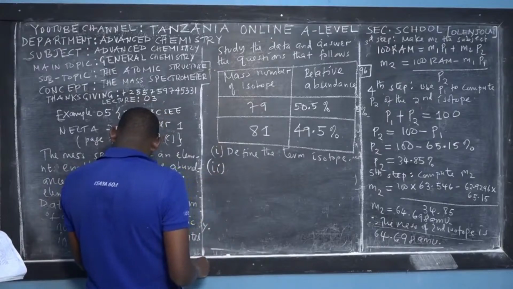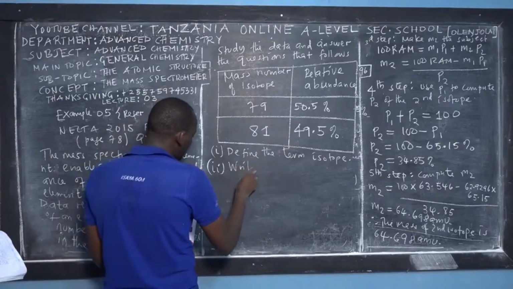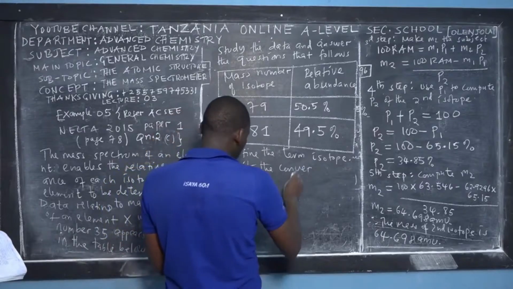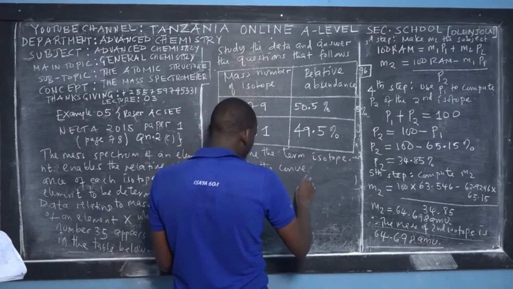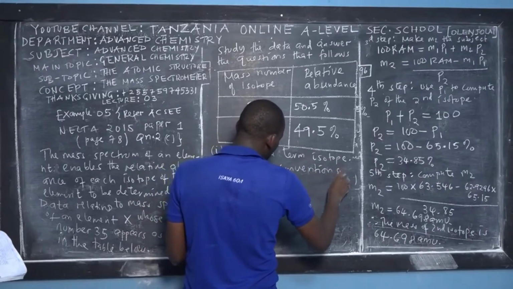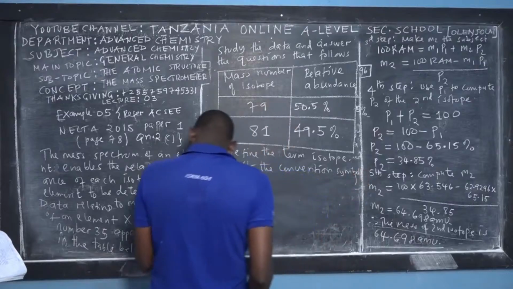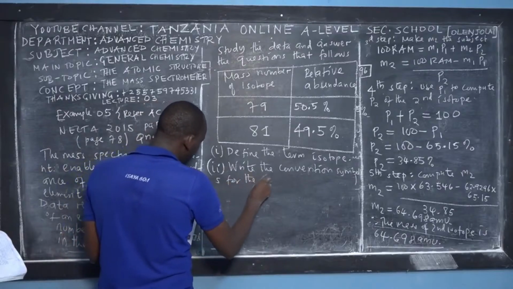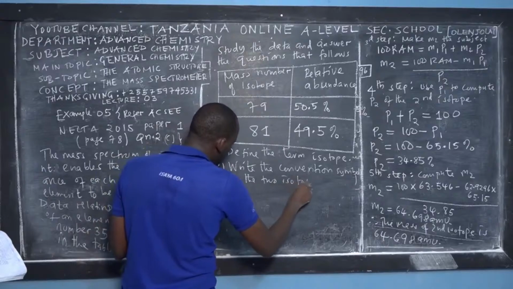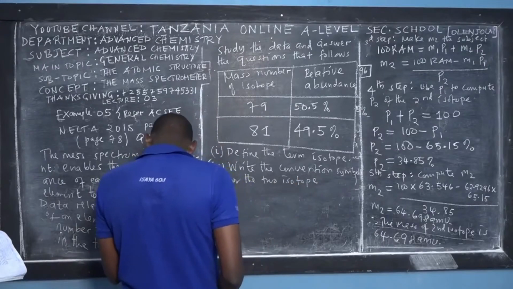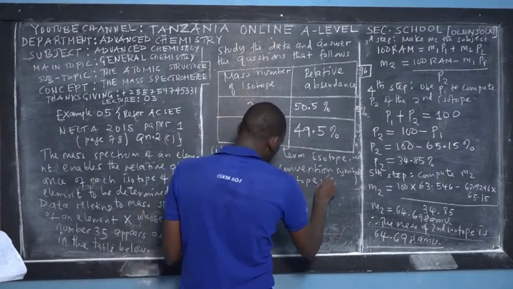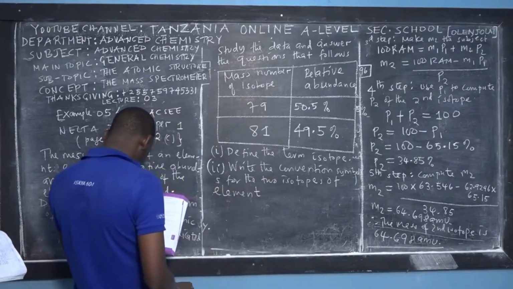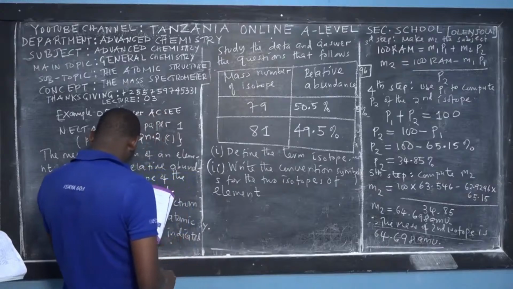Then number 2, write the conventional symbols for the two isotopes of element X.